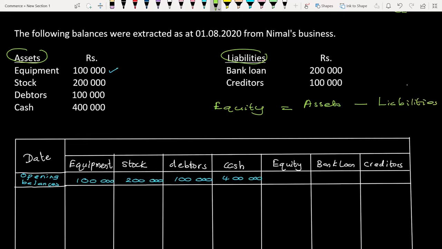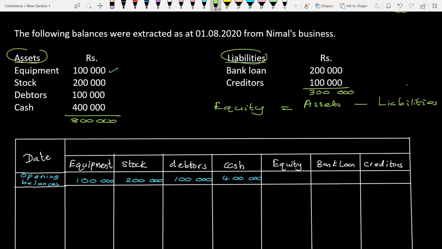What is the total of assets? It's 1, 2, 3, and 4. 4 plus 4, 8. 800,000. And the total of liabilities is 300,000.